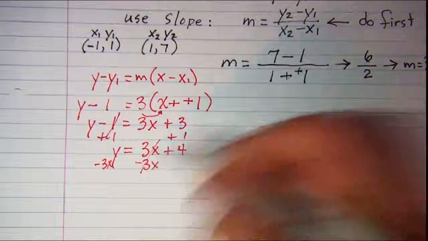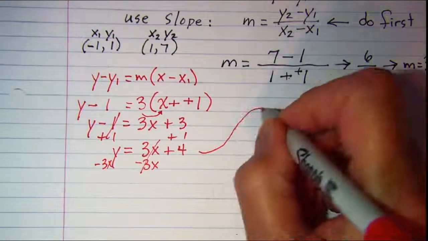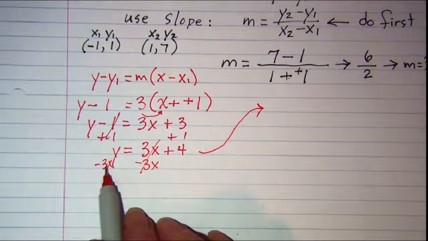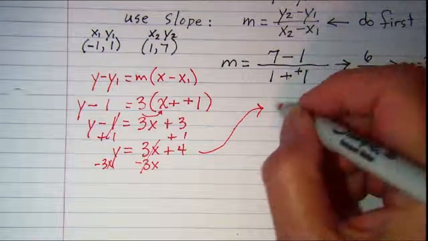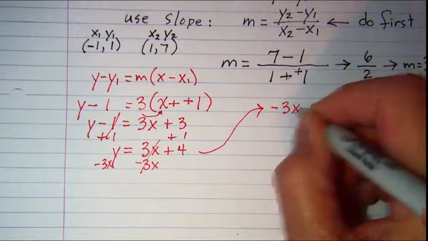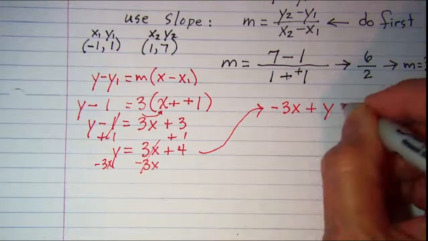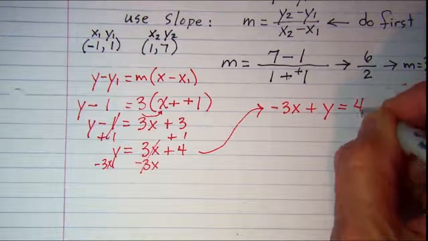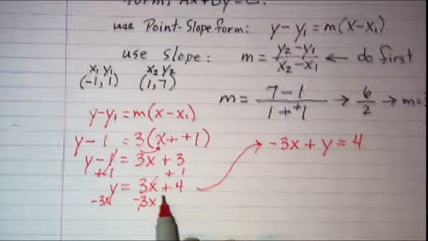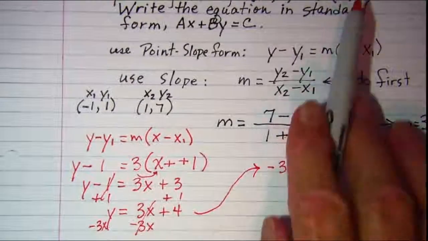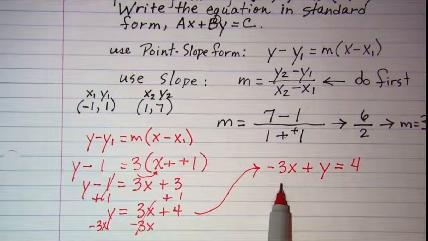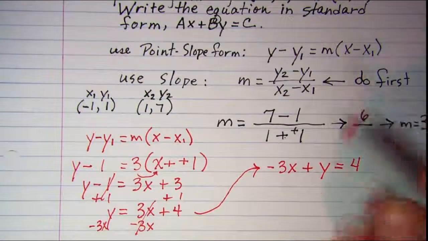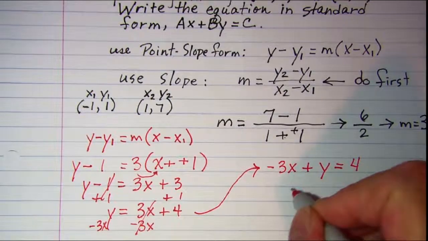It'll cancel over here, and I have a negative 3x plus y equals 4. Now when you put your equation in standard form, you want your x term written first, so we have that, but the x term needs to be positive.